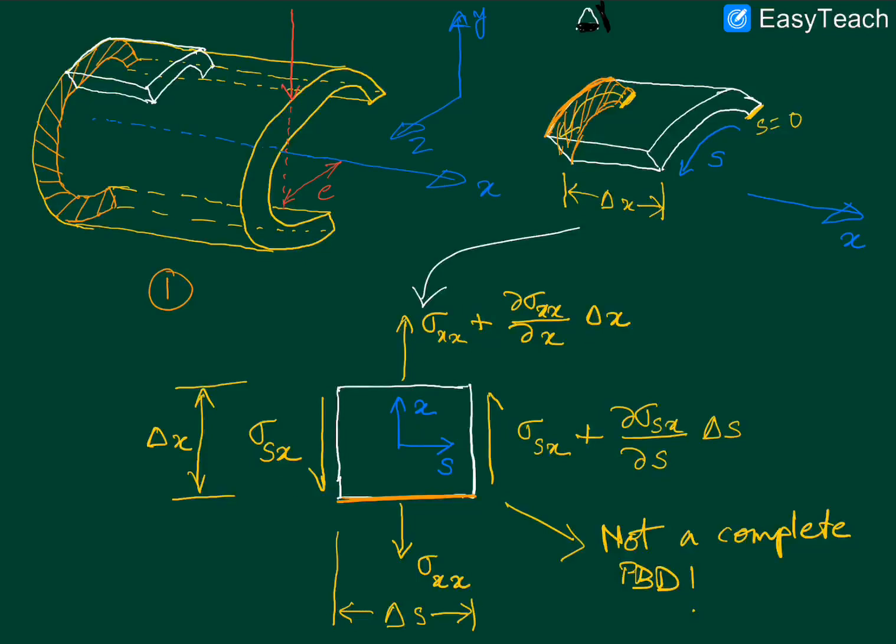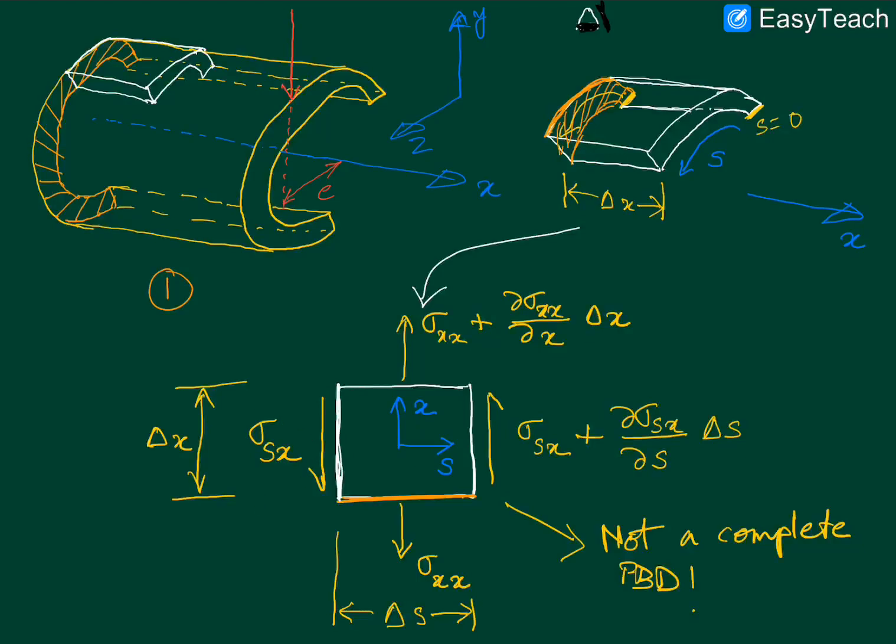Because the edge that we are depicting here, I repeat, this edge is this edge. So we should have written this sigma Sx to be equal to 0.